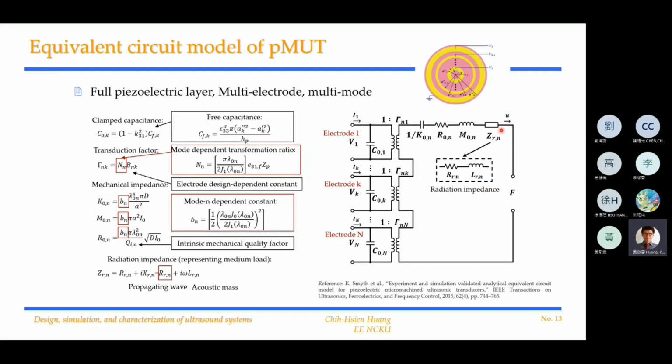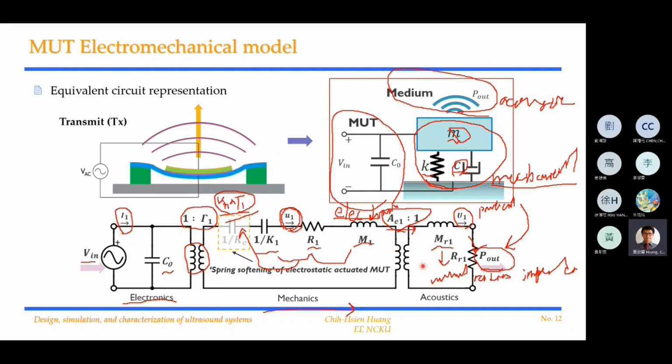Previously we had this part, right? But we know there is a transformer with a ratio, so we can convert this impedance and add the acoustic impedance into our mechanical impedance too. Then in that situation, we don't have to write this part again.